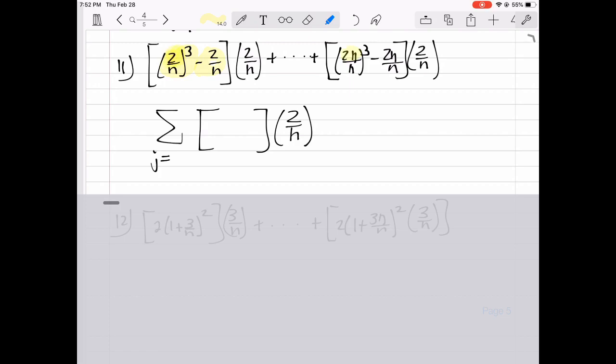And we notice that at the very end we have 2 times n over n to the third power. And on the other one, we have 2 times n over n. So that must mean that this is what happens on the last term. Now, is this the first one? So it's 2 times 1 is 2 over n. And then the other one is 2 times 1, which is 2.